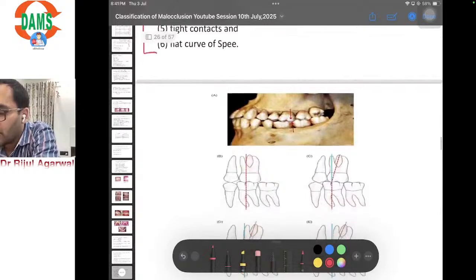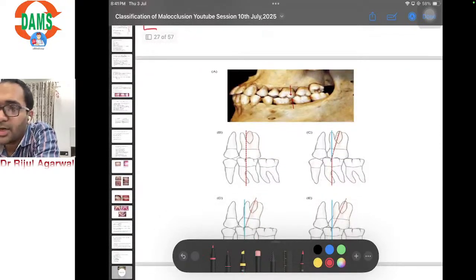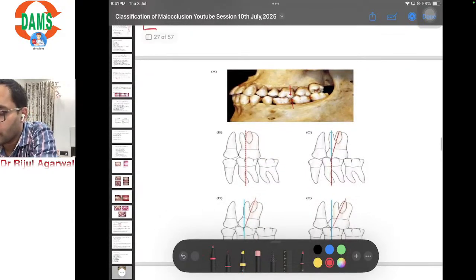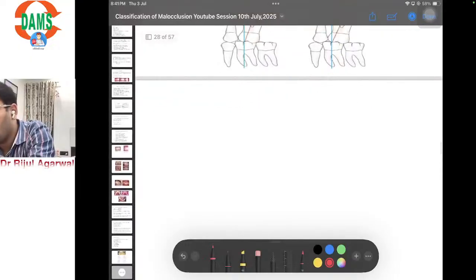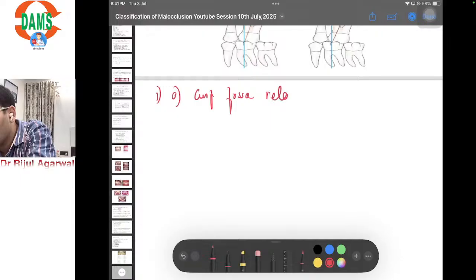This is the molar interarch relationship. In the first key, first comes the cusp fossa relationship.